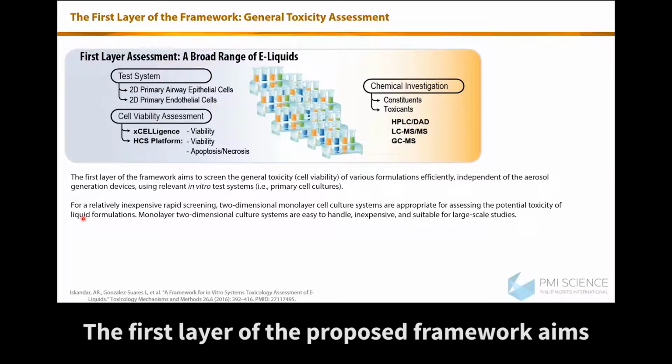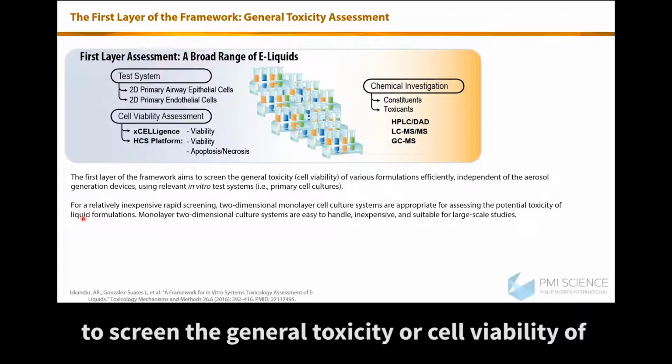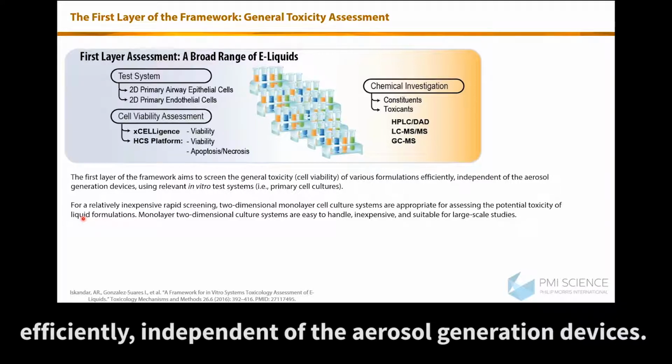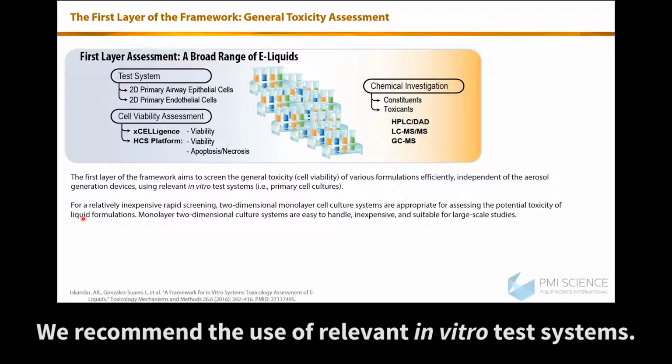The first layer of the proposed framework aims to screen the general toxicity or cell viability of various formulations or other inhaled compounds efficiently, independent of the aerosol generation devices. We recommend the use of relevant in vitro test systems.